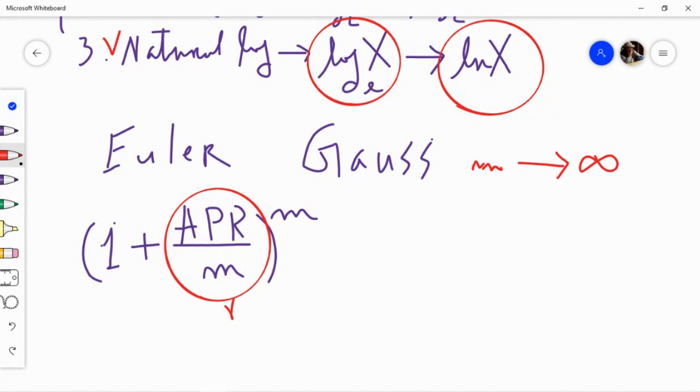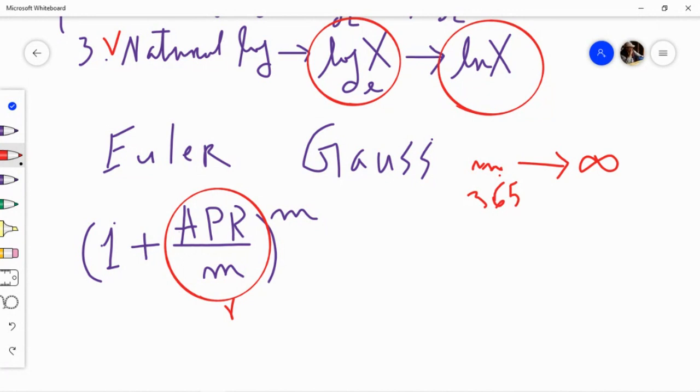In other words, for all practical purposes, m is no more than 365, right? But theoretically, it can be by the hour, by the minute, by the second, even by the nanosecond. And what is nano? Nano is 9 digits.